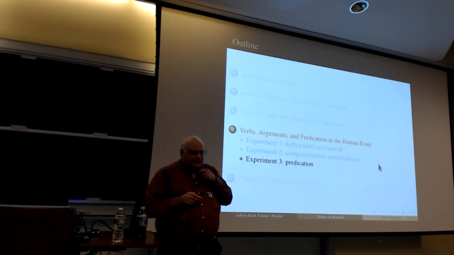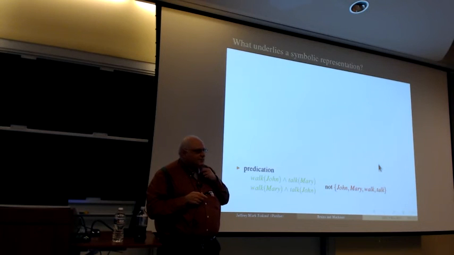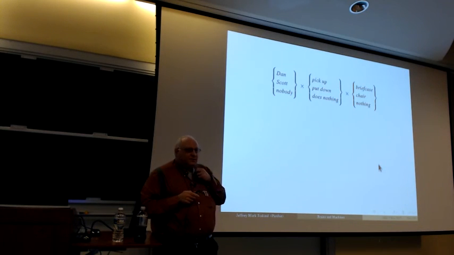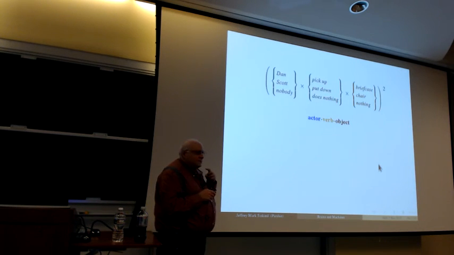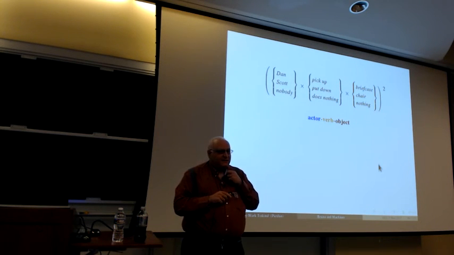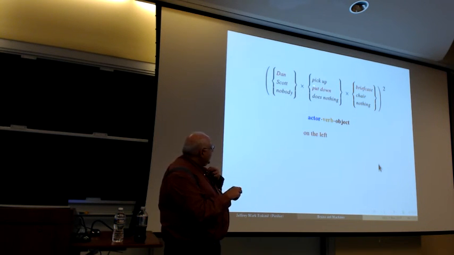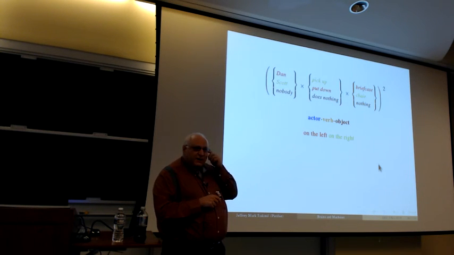Get to the last topic, and I'll go through this quickly. Ask about predication. We can repeat this experiment with active verb object pairs and triples, but this time we're going to do it twice in the field of view simultaneously. There's going to be Dan putting down a briefcase at the same time Scott is picking up a chair.